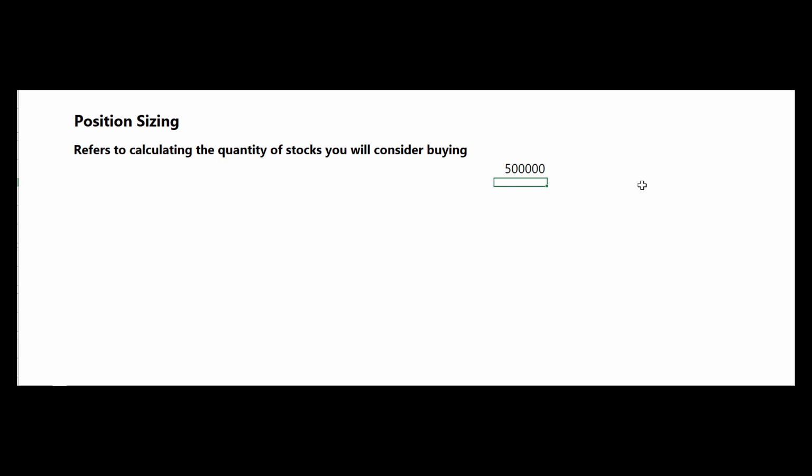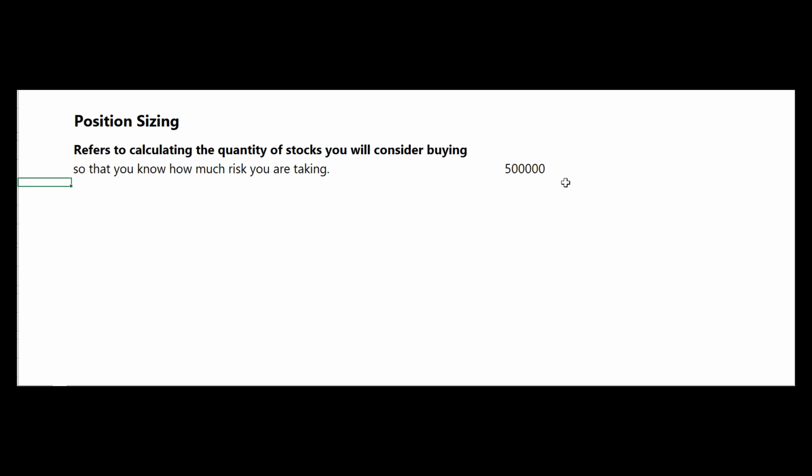Should you buy the stock for all of the 5 lakh rupees, or should you buy for 1 lakh rupees, or for 50,000 rupees? We are going to systematically and mathematically calculate how much quantity we should buy, so that you know how much risk you are taking.